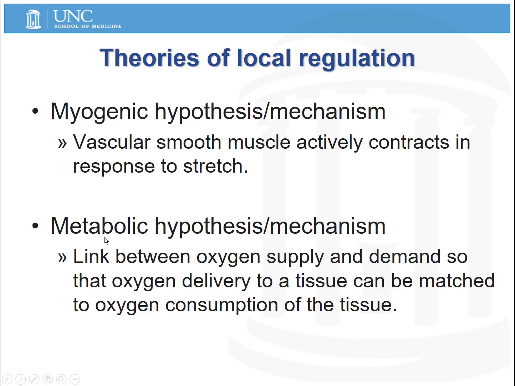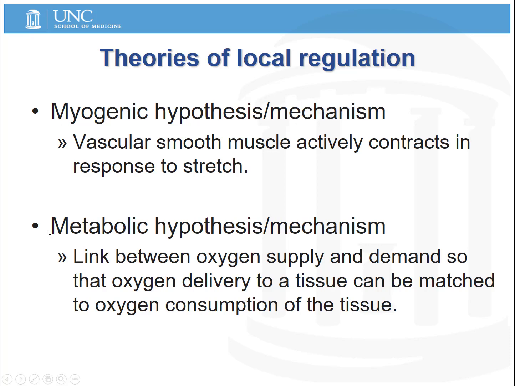The other is the metabolic hypothesis or metabolic mechanism, and it states that there's a link between oxygen supply and demand. So flow and oxygen delivery is matched to the metabolic rate and oxygen consumption. And really, although it's difficult to prove, it's likely that in any given tissue, there's some combination of these two mechanisms that are active.